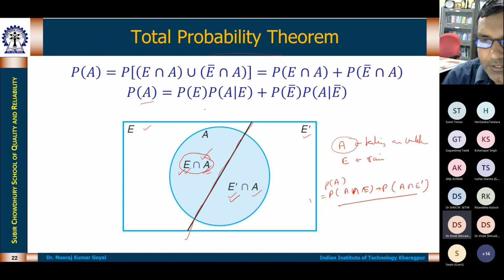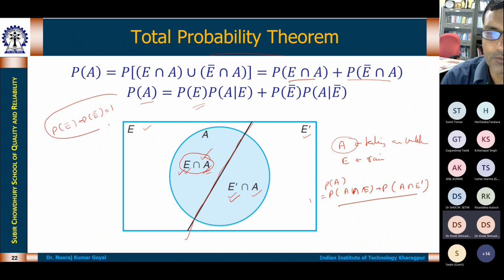So the probability of any event A, I can get by the probability of that event occurring with one part plus the probability of it occurring with another part. Here we should know that the probability of E plus the probability of E bar should be equal to 1.